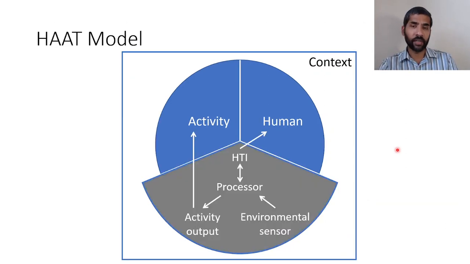And that's what we've put in a diagram here, right? So you have the human technology interface here, which is interacting with the human being here, the human element of the person, the problem, right? That's how the person interacts with the technology. You have the processor, which is the intelligence, which takes input from the environmental sensor and gives an activity output.